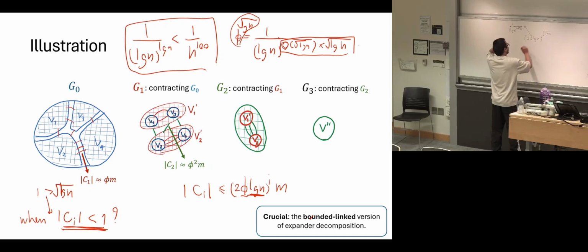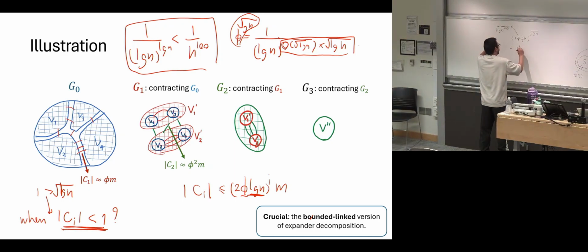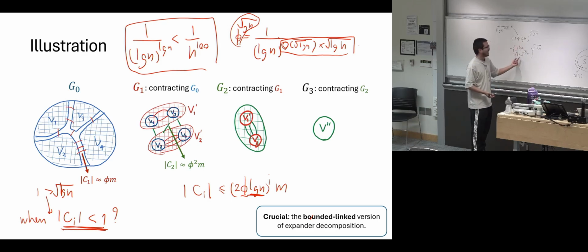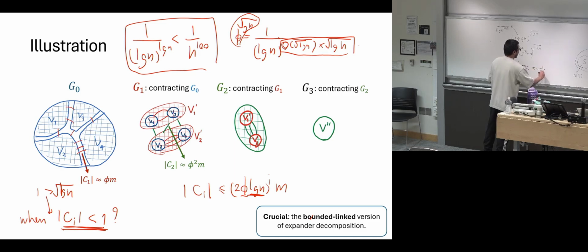So this thing is then just 2 log n over log n to the 10 root log n. Everything here to the log n, root log n. So you can just ignore it now because it doesn't really matter anymore. It's just like -1 here. And this is just 1 over log n to the 10 log n, something like that. So that's much less than n to the 100.